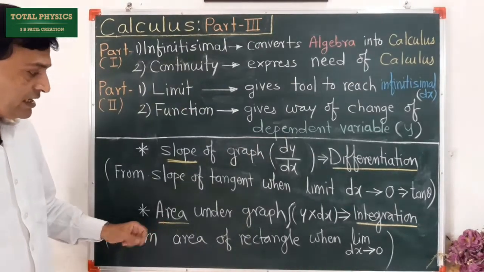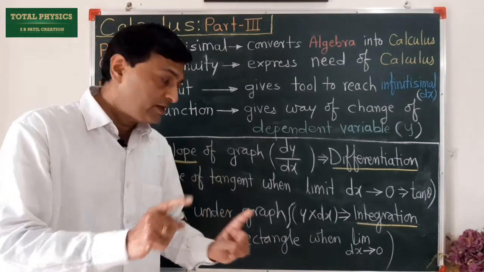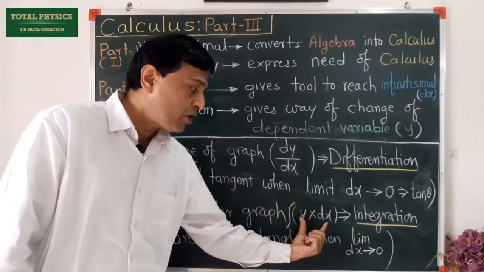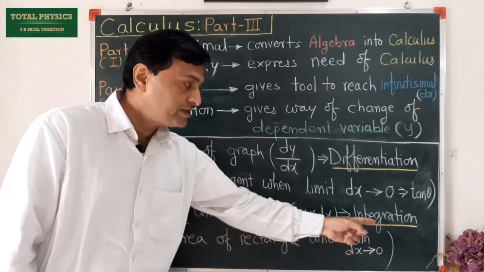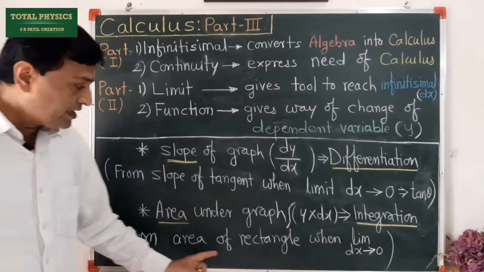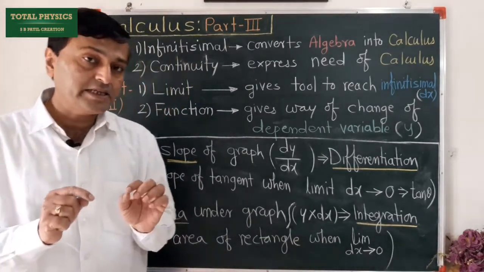And last, the total area under the graph, that is the summation, that is integration, the addition of all small areas, gives integration. Which small area? From the area of a rectangle, when limit dx tends to 0.